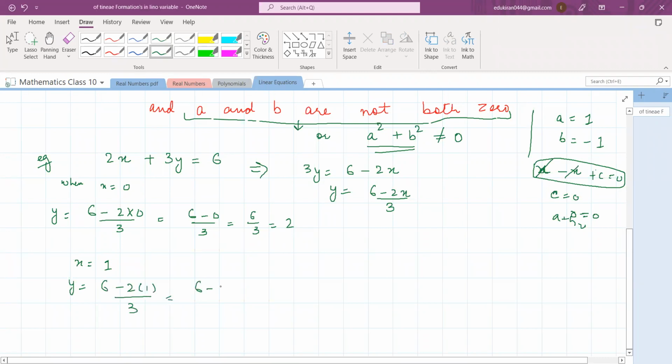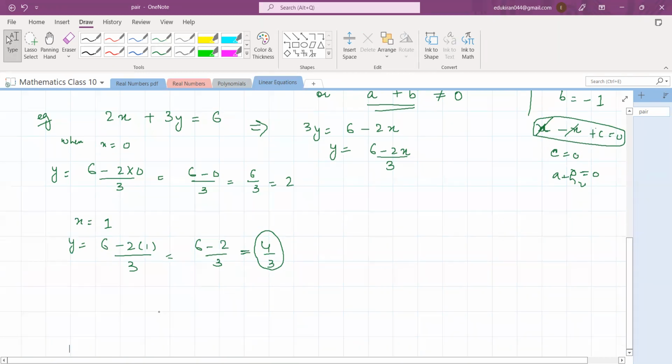So this is 6 minus 2 divided by 3, which is 4 by 3. Although I can take this, 4 by 3 will be difficult to plot on the graph paper, right? So I'll try to take that value of x for which I get y not as a fraction. Yes, ma'am. Integer value I want to take.